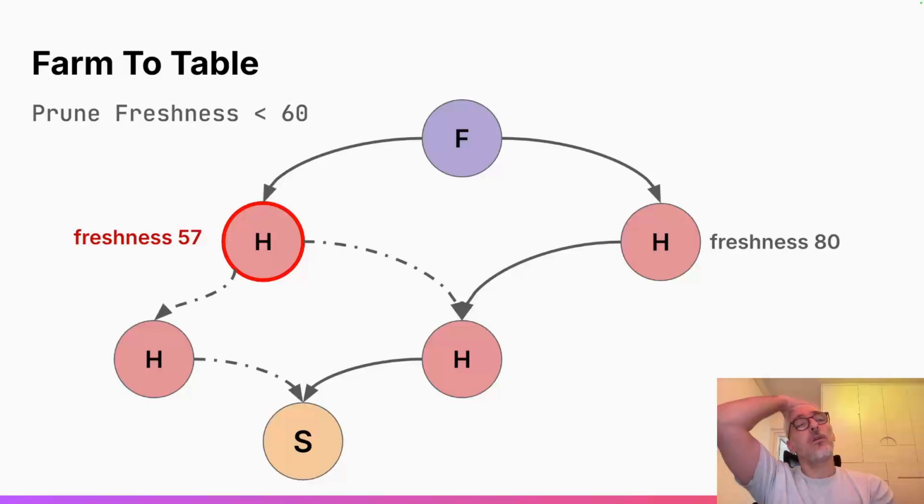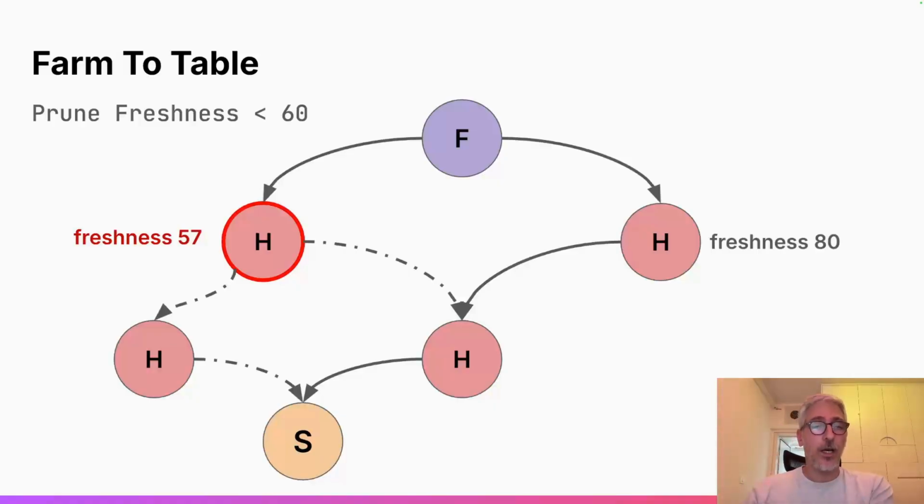Now we're dealing with a kind of pathfinding question here, and a nice thing about this is that we can basically place a threshold saying, given this path, if the freshness level is below a certain threshold, disregard this path because we want to maintain a higher freshness level.